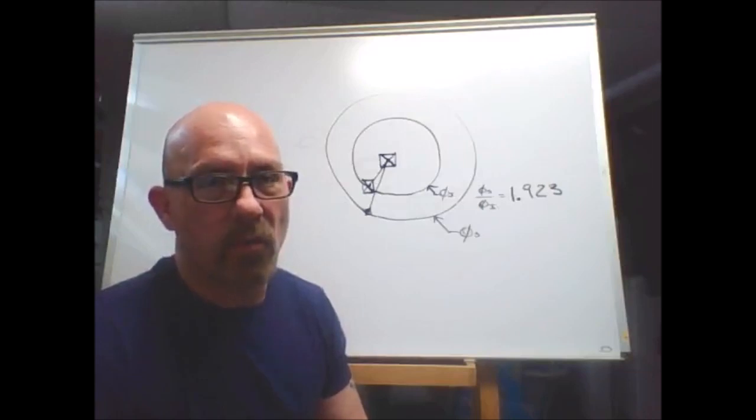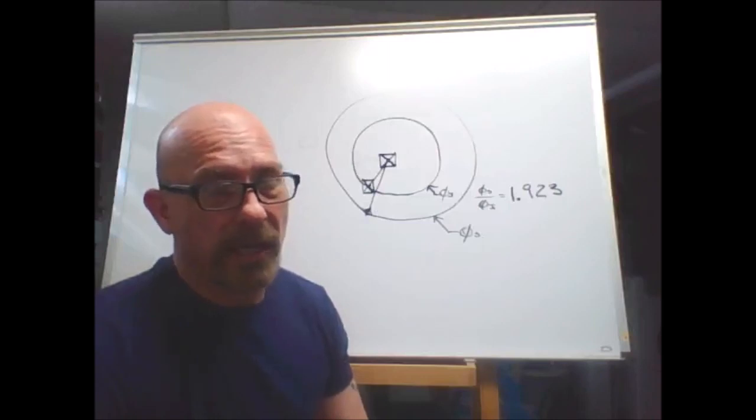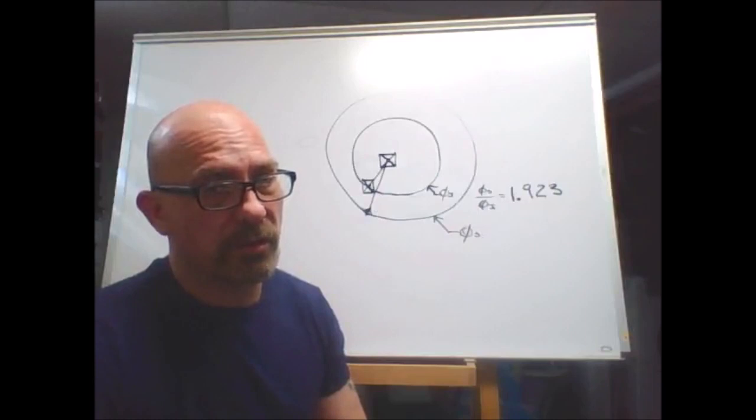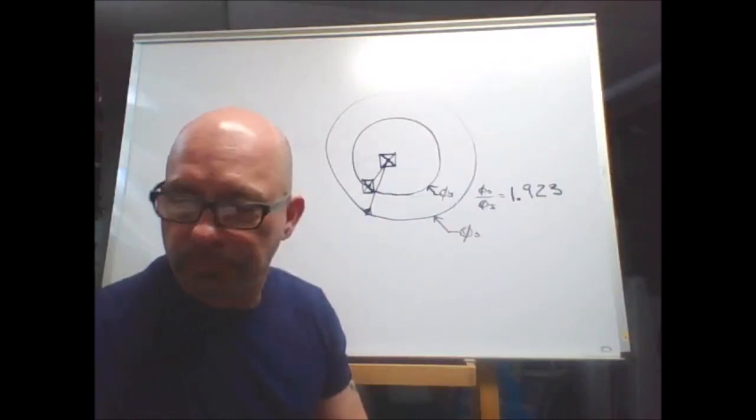And so once I had drawn this out, I knew that I might be onto something. I didn't know if it was 1.92, but I knew it was up there. I knew it was close to 2, but I didn't know how close to 2 it was.